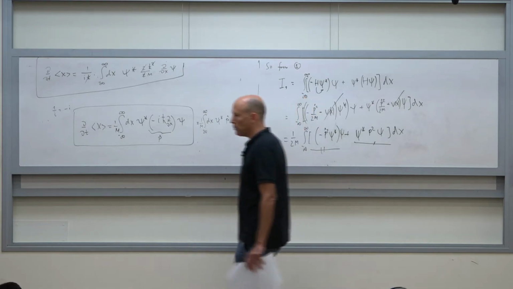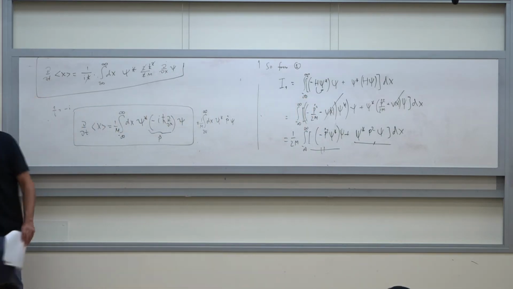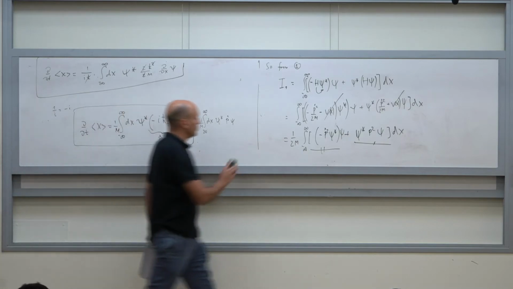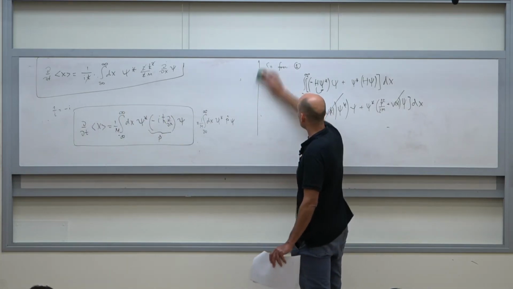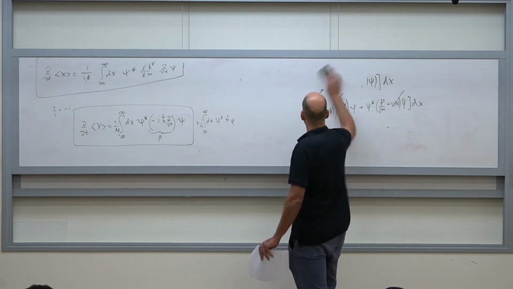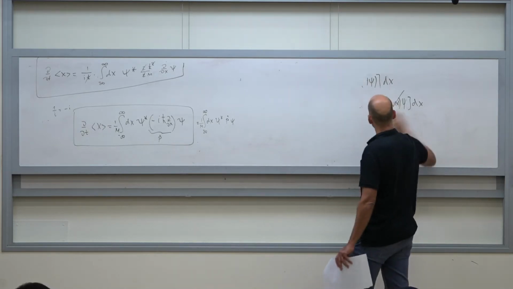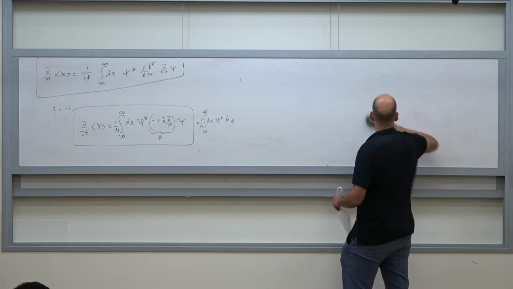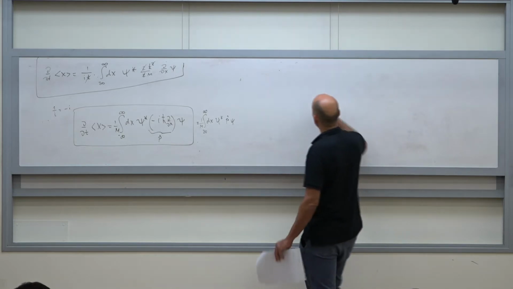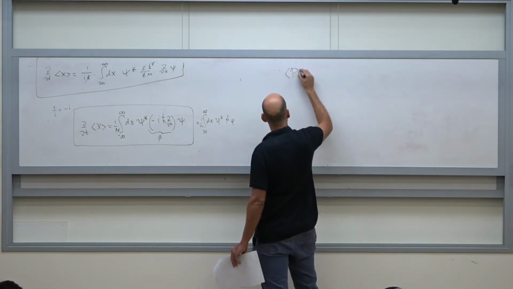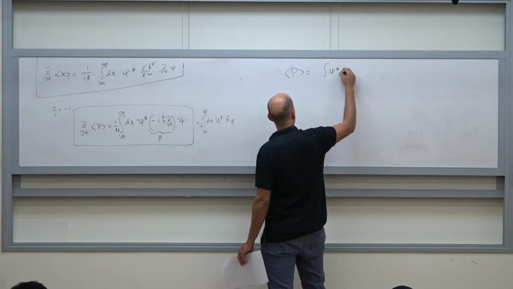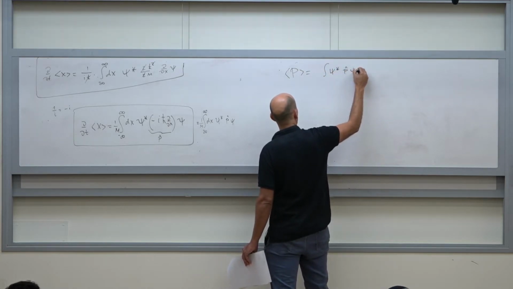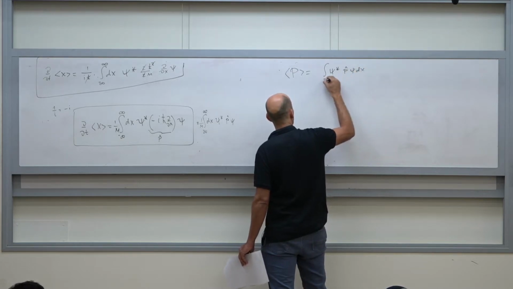Anyway, to summarize, it becomes more reasonable now, or it is a proposition, as you wish, that the average momentum is given by the integral of psi star p psi dx.